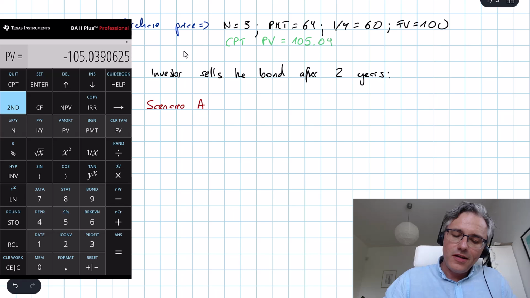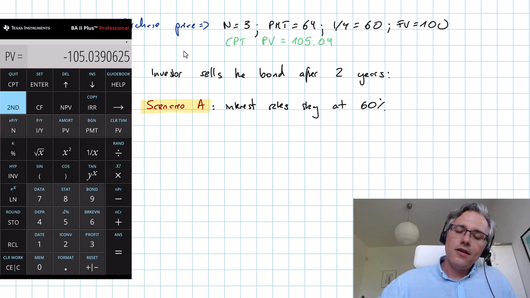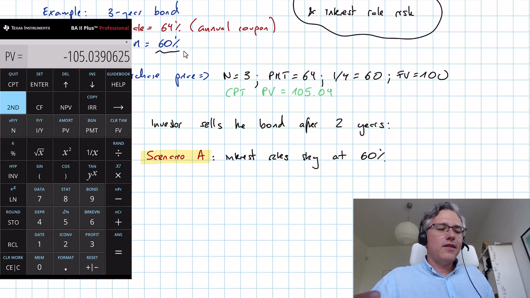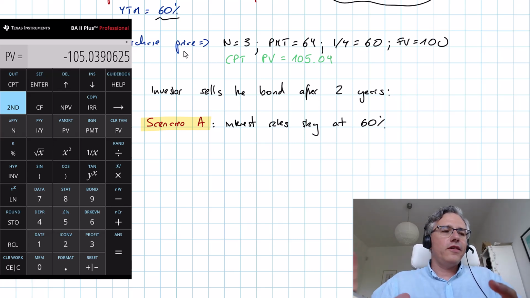The assumption in this one is going to be that interest rates or yields remain constant, and stay at 60%. So we'll still have yields to maturity of 60% in the market, basically. And if you watched the previous video, or if you've done some prior learning or studies on this topic, you will know what happens if yields don't change.